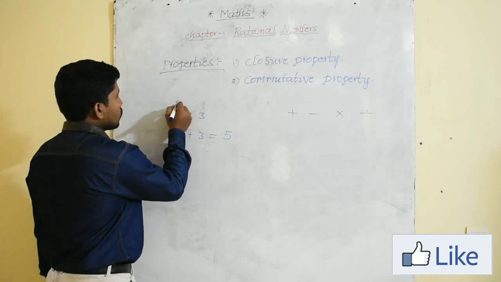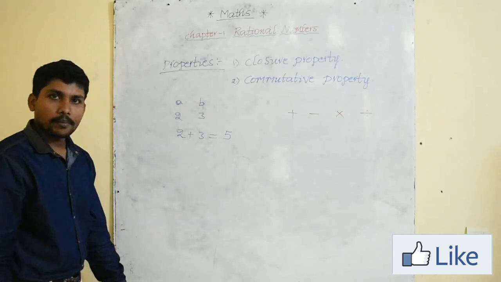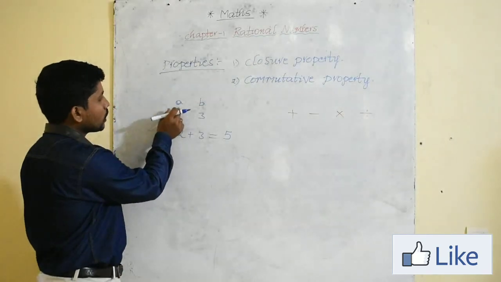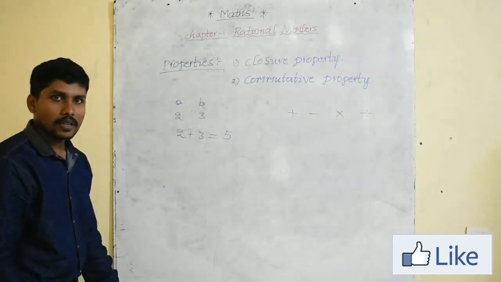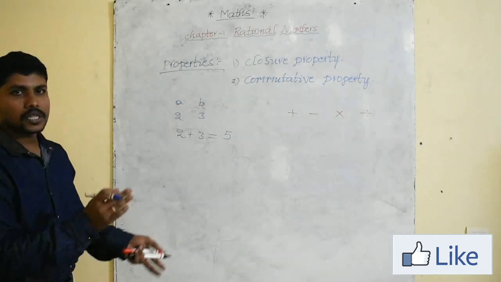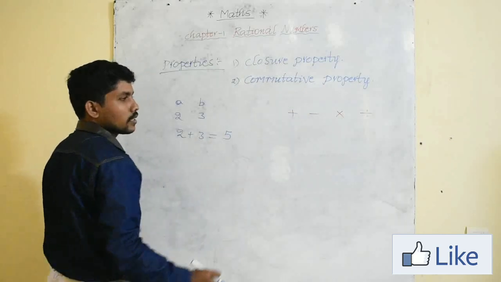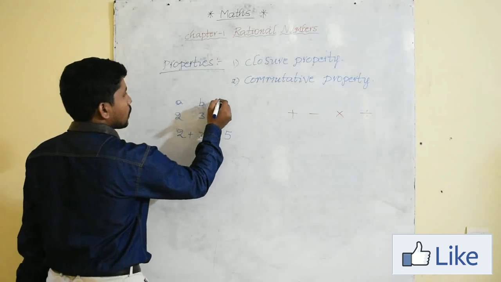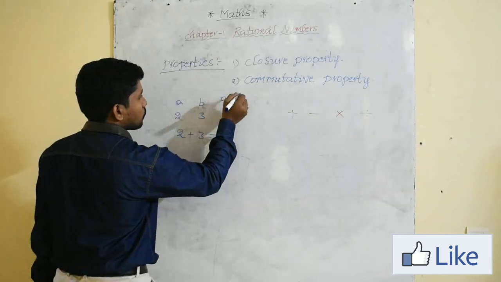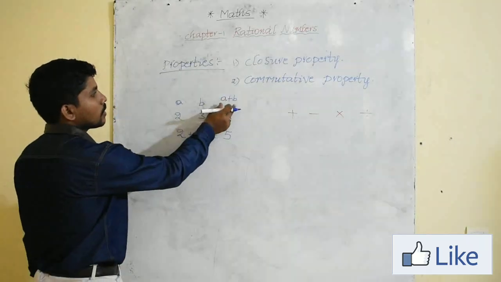If I call these two numbers A and B, suppose I assume 2 as A and 3 as B. For commutative property, we have to change the order of the numbers. So if I take addition as the calculation, this becomes A plus B. So we will get a result A plus B.